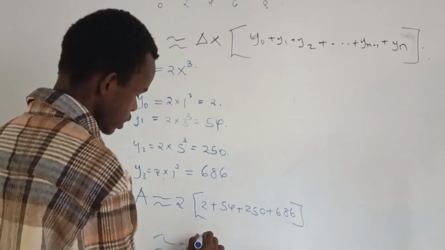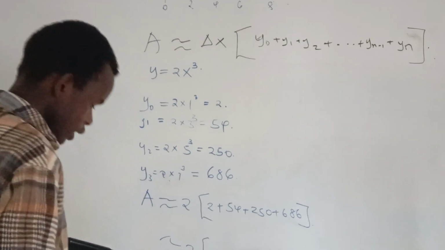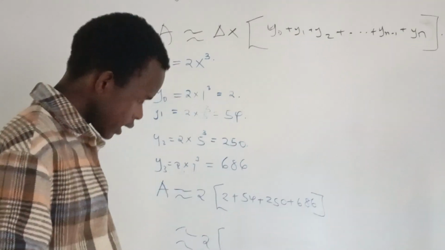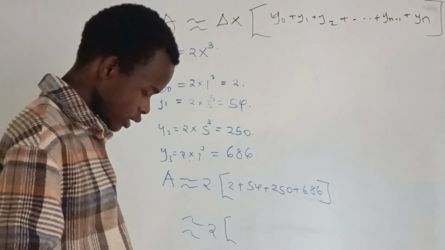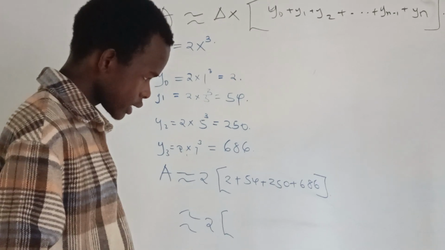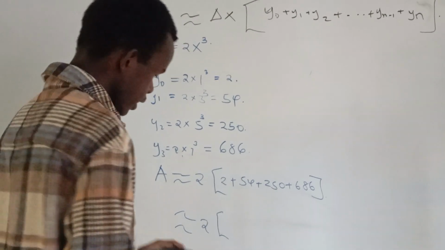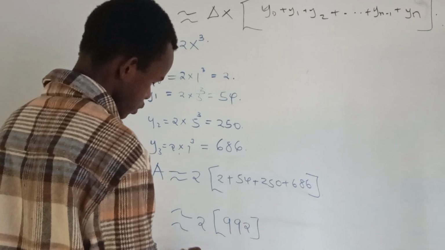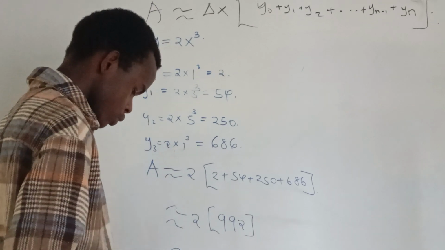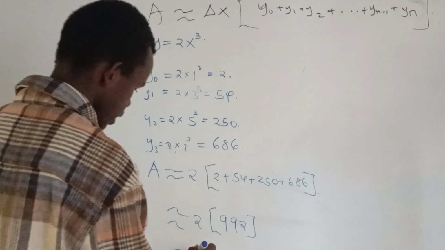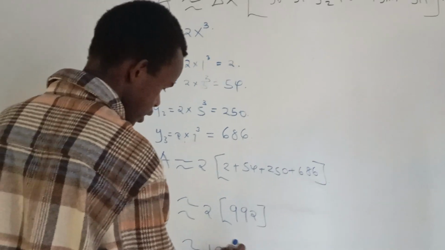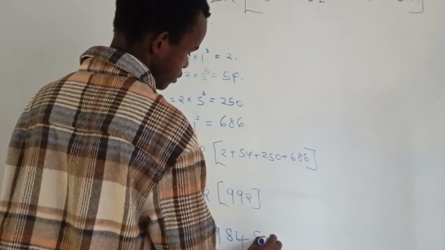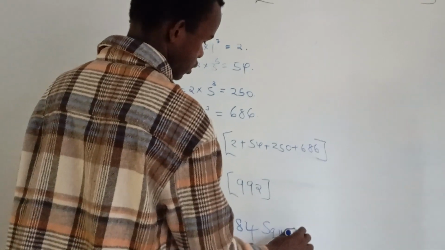So it will be 2 into, we just compute this: 56 plus 250 plus 686. I'll get 992. So I'll multiply that with 2. I'll get my answer as 1984 square units.